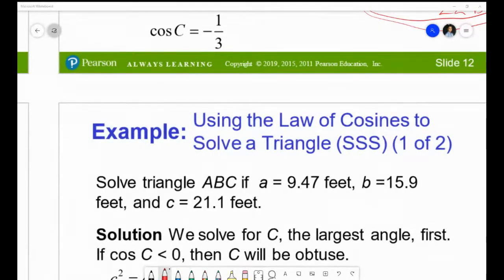All right, so type in the angles in the chat when you're done.